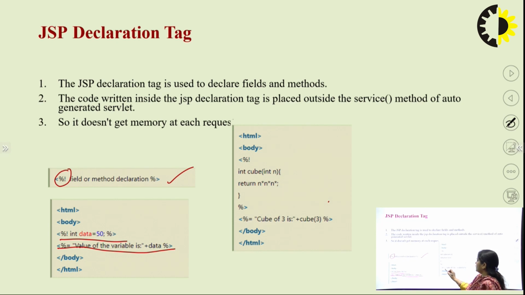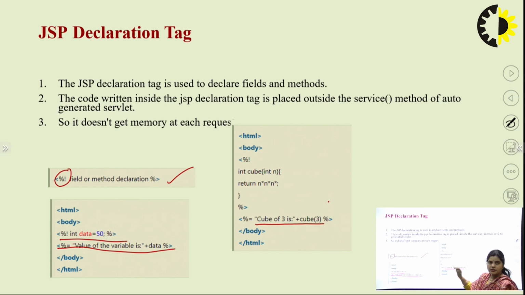So here with the use of expression tag, we are going to print the cube of 3, that will be 3 cross 3 cross 3. So these are the two simple examples which are showing the usage of declaration tag and the usage of expression tag, that is when we can use the expression tag and when we use the declaration tag.